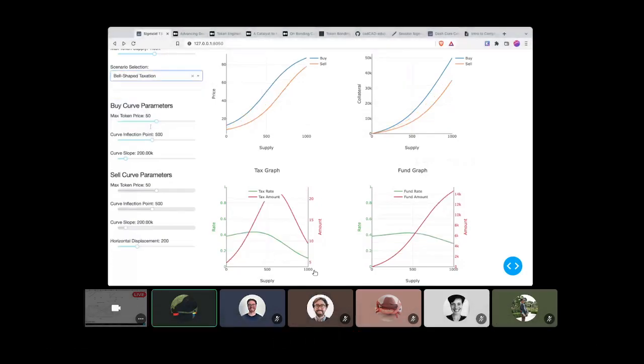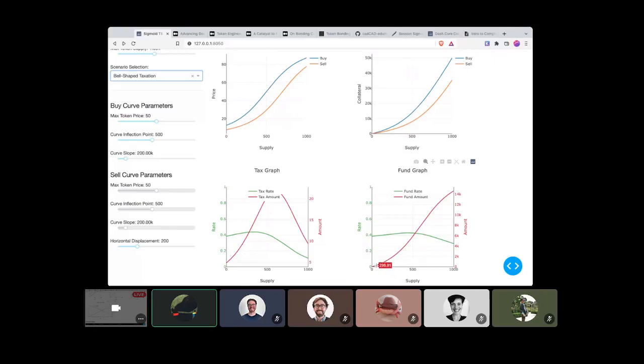And then this is quite clever, where if for some reason you wanted to basically tax around the inflection point, so saying the tax amount increases towards the middle of the supply curve, which coincides with the inflection point of the sigmoid, you can set up that construct as well, and you can see how that changes the fund rate.